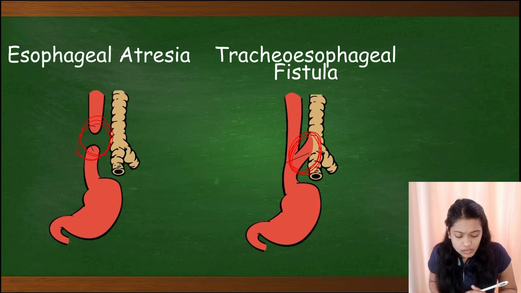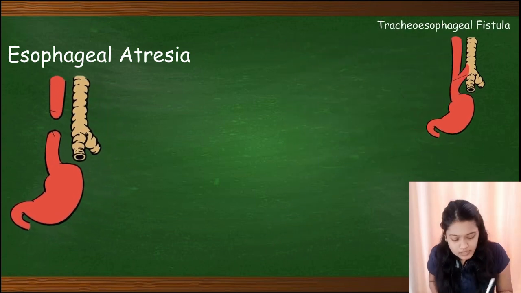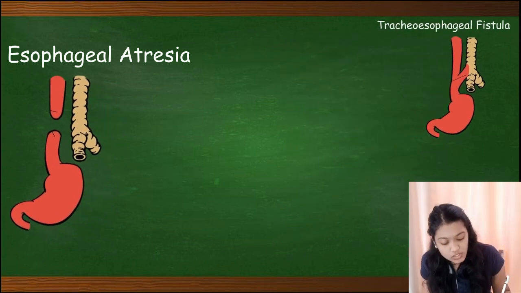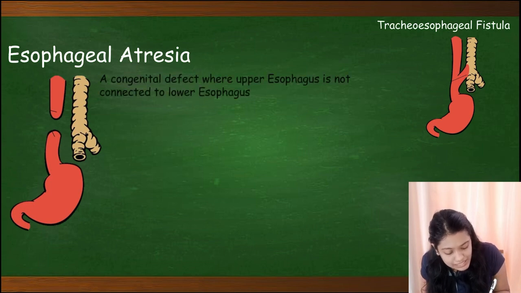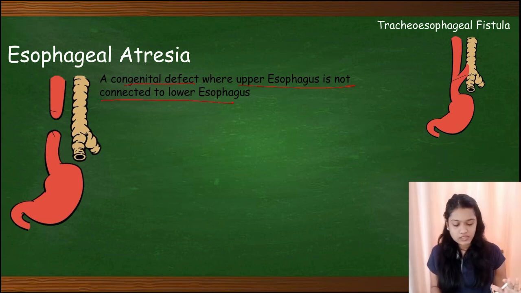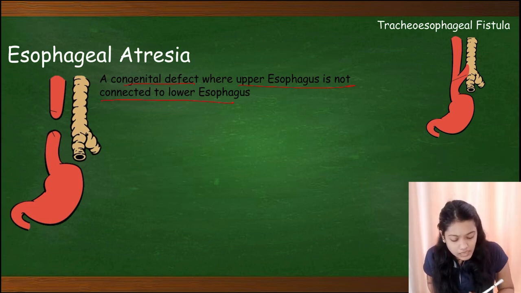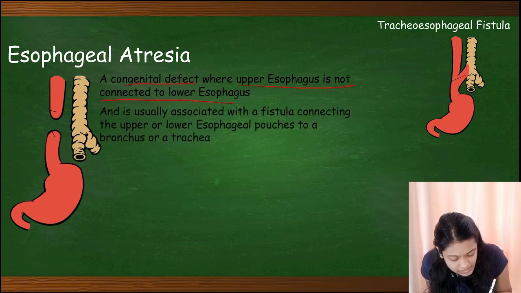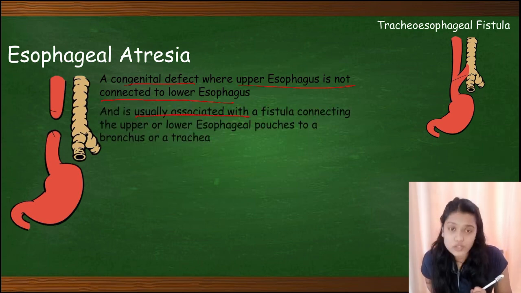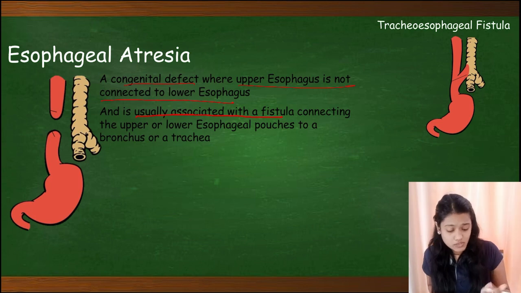Let's discuss them one by one, starting with esophageal atresia. Esophageal atresia is a congenital defect where the upper esophagus is not connected to the lower esophagus. It is usually associated with fistula.